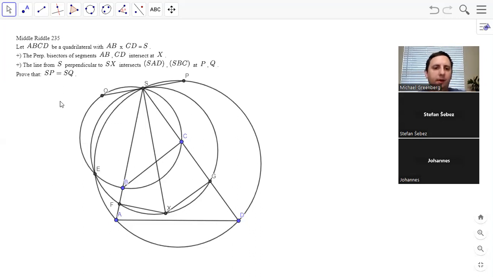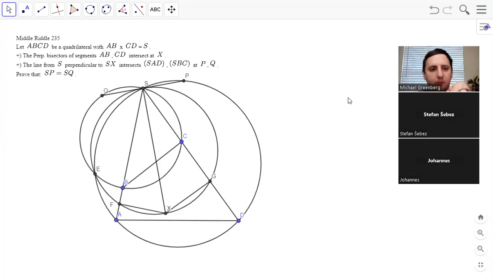So yeah, how did I do this before? If it were true, we'd have a bunch of congruent triangles. It's the same as saying the power of Q with respect to this circle is the power of P with respect to this circle.